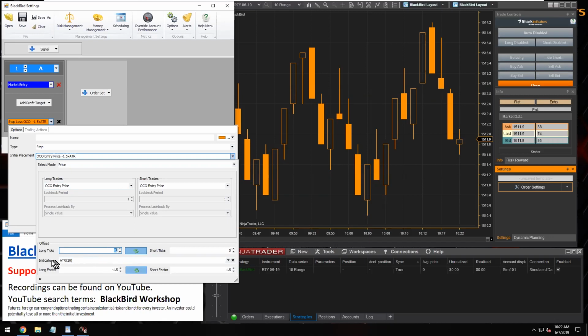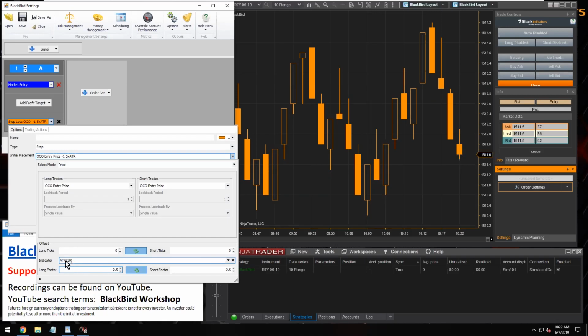Now we can see that in the offset section, the ATR indicator is being used, and then we have the ATR multiplier, or factor. Factor is the mathematical term for multiplier. We've taken the ATR value and multiplied it by a negative 1.5, and that's how we get a 1.5 ATR value.